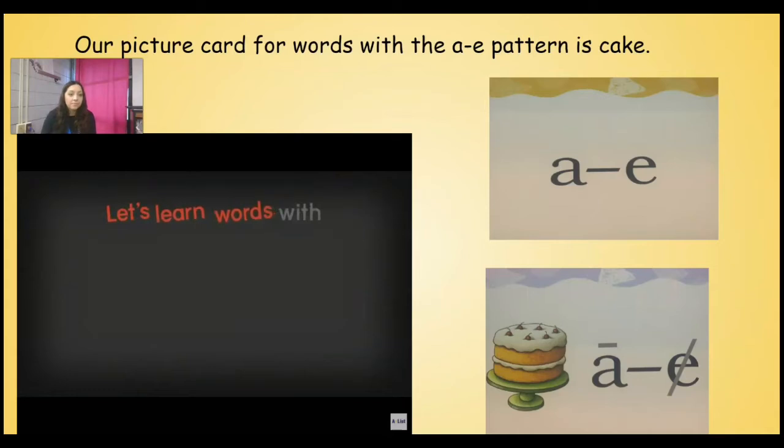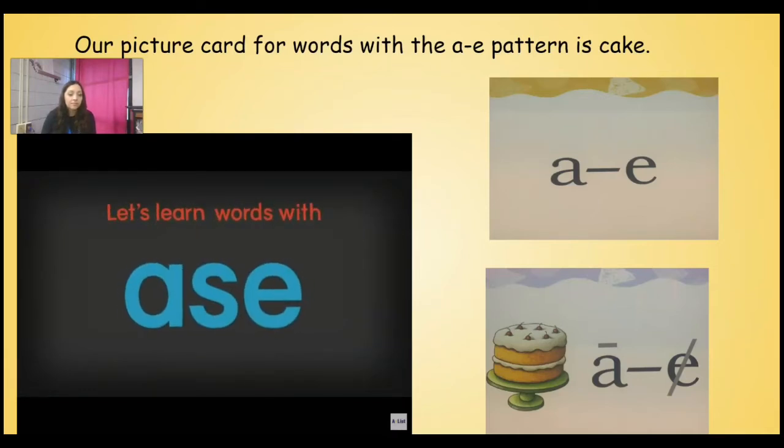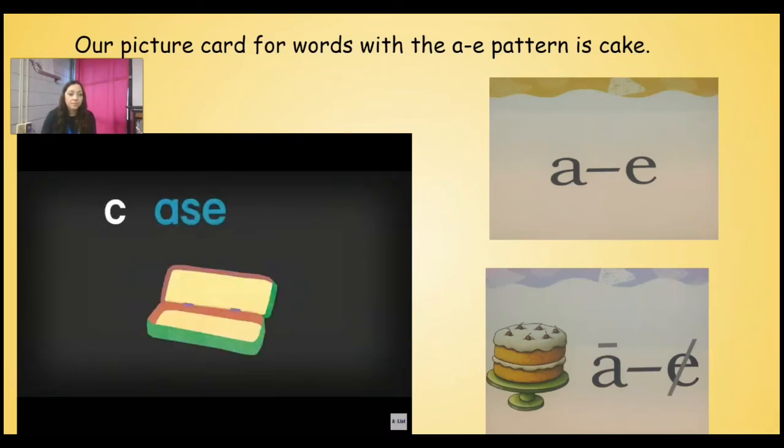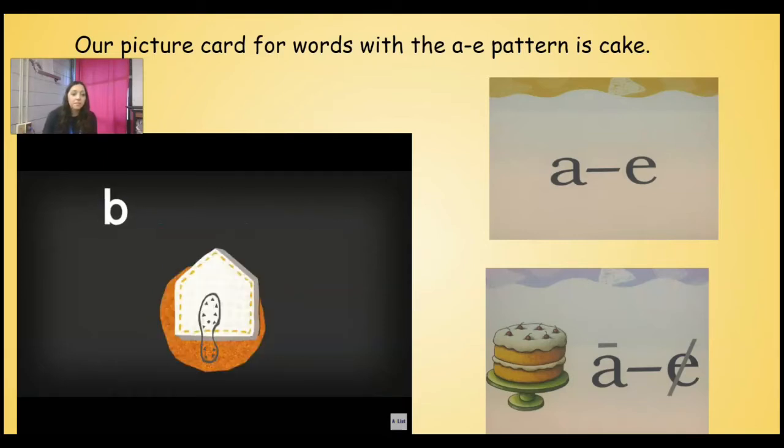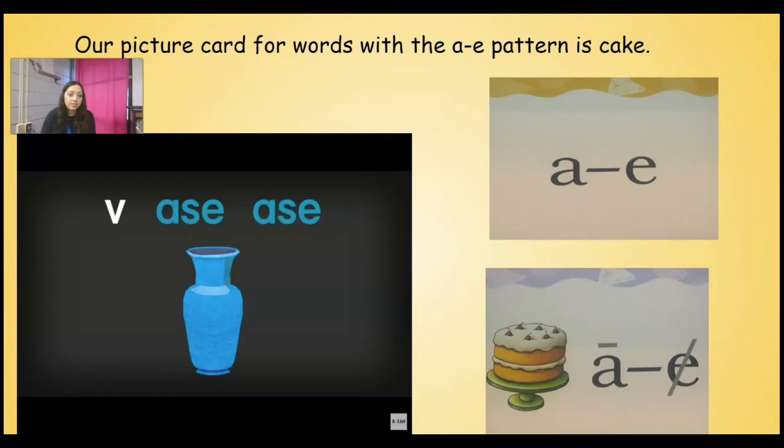Let's learn words with ace, ace, ace, ace, case, case, ace, ace, base, base, ace, ace.